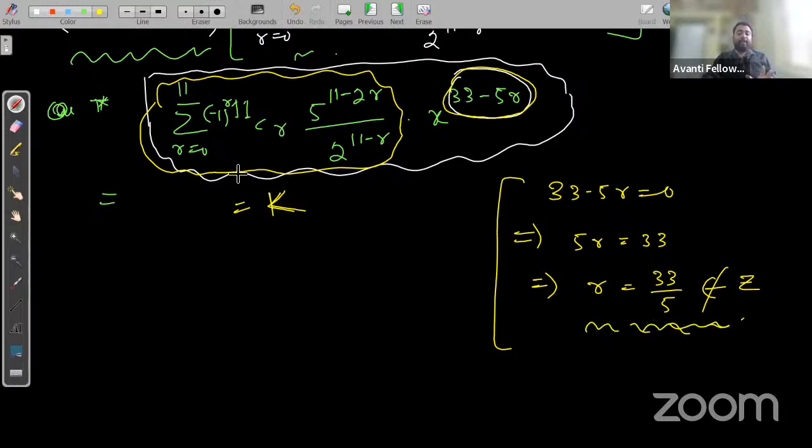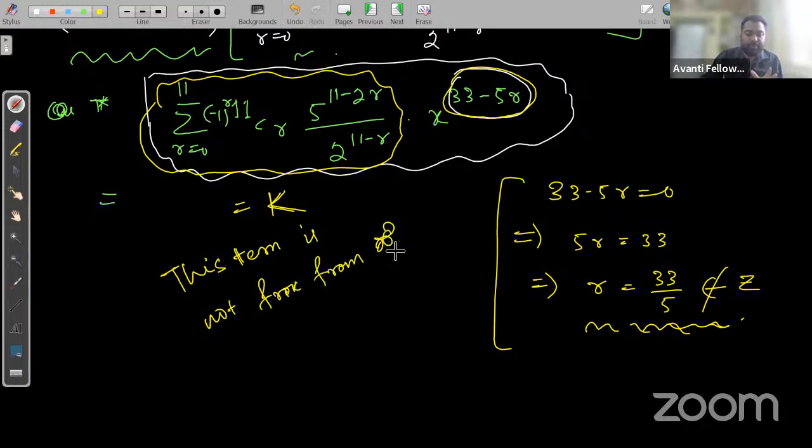That's why we can say in this case this term is not free from x, or there is no term you will get which is free from x, because r cannot be a fraction.